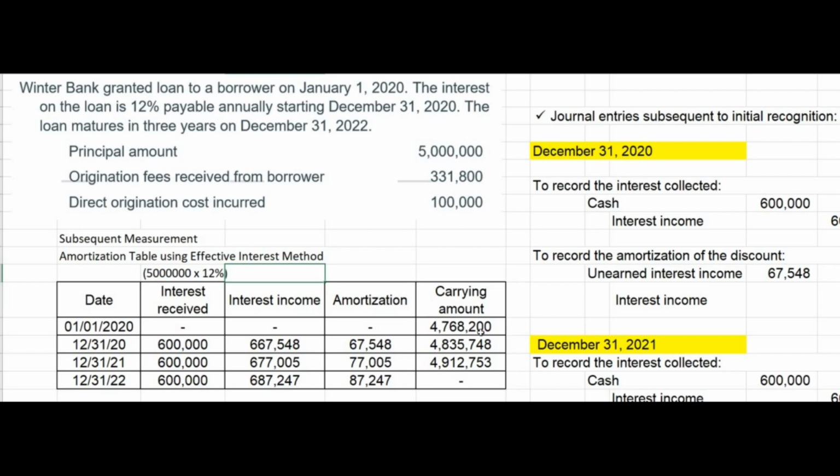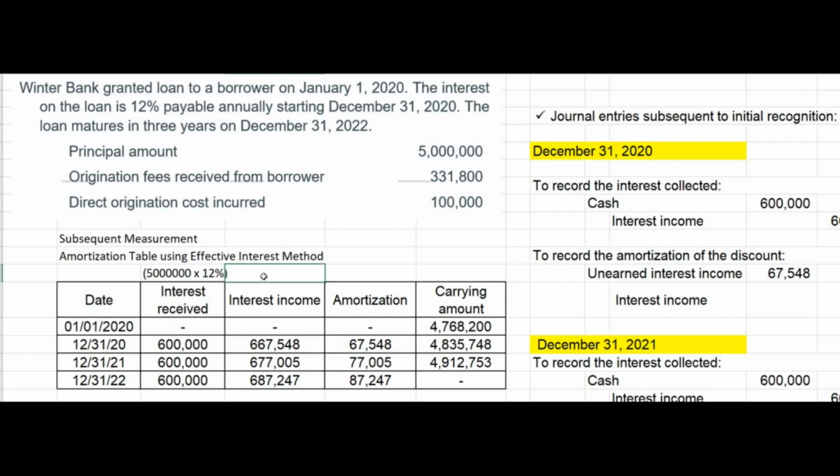So hindi sila equal. Pag hindi sila equal, ibig sabihin nun, hindi rin equal ang nominal interest rate sa effective interest rate. Yung minention na 12% interest rate is just a nominal interest rate and not the true interest rate applicable for this loan because of the difference between the principal amount and the initial measurement.